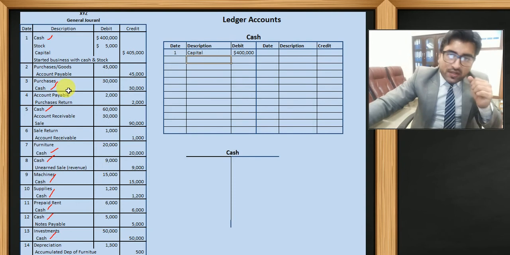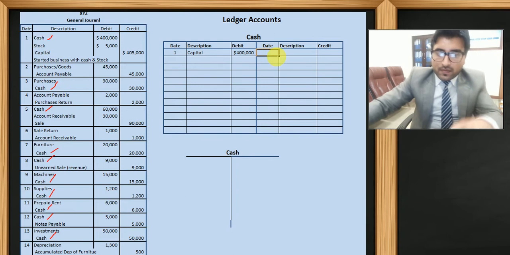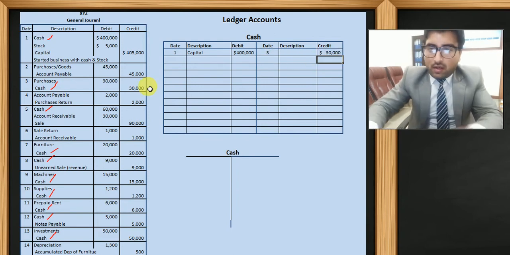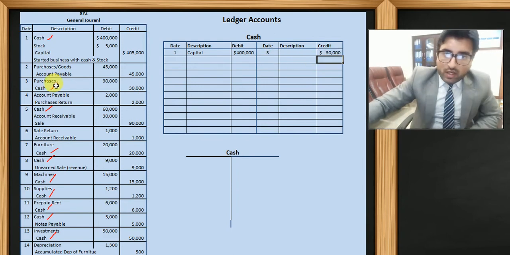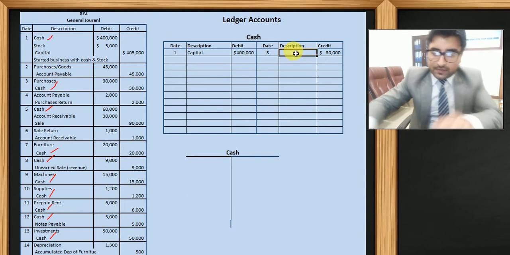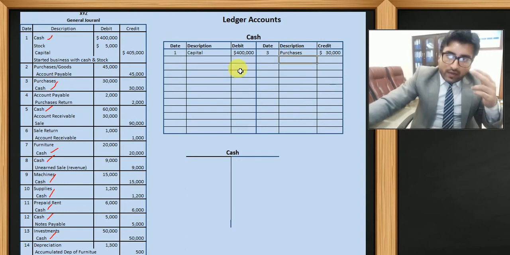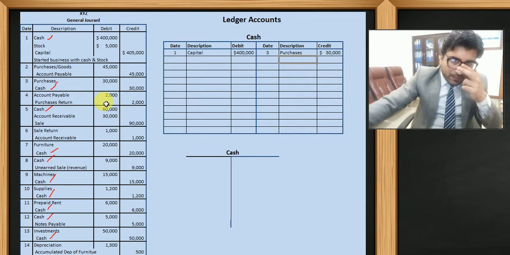Next we have cash credited, date 3, how much? $30,000. And because of what? Because of purchases. As I have told you, for the debit, mention the credit in the reason. The corresponding entry for the debit is credit and for the credit is debit.